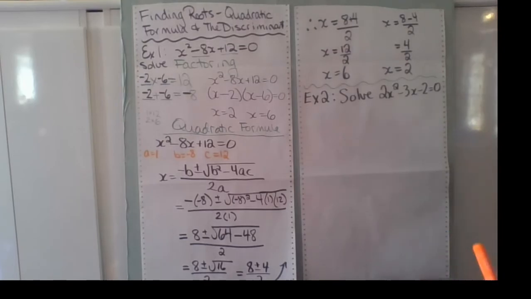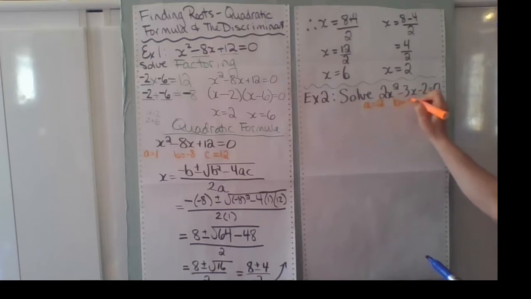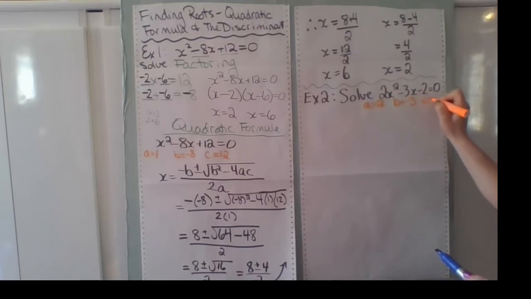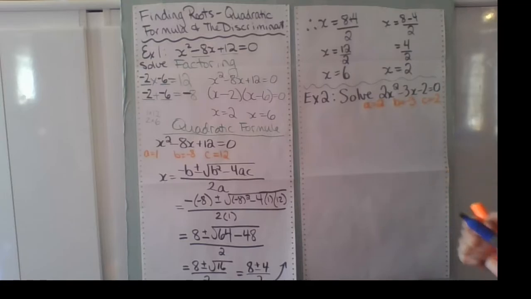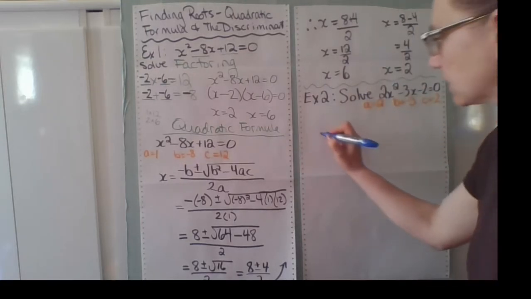Okay, let's try example 2. Here I have 2x squared minus 3x minus 2. My a value is the 2. My b value is negative 3. And my c value is negative 2. We're going to use the quadratic formula again. Let's get a little good practice in there.